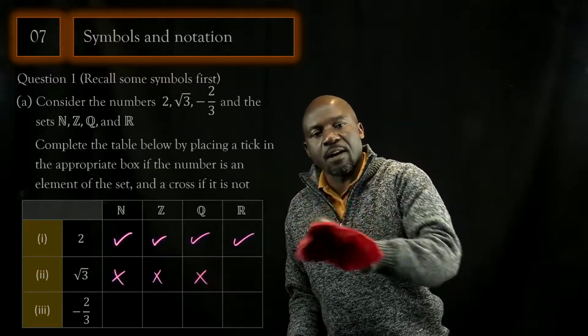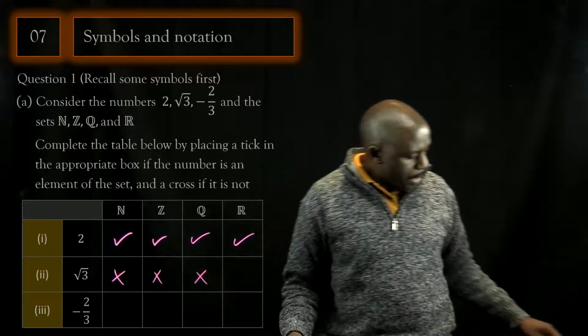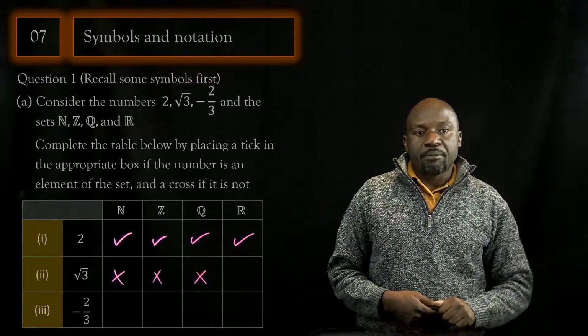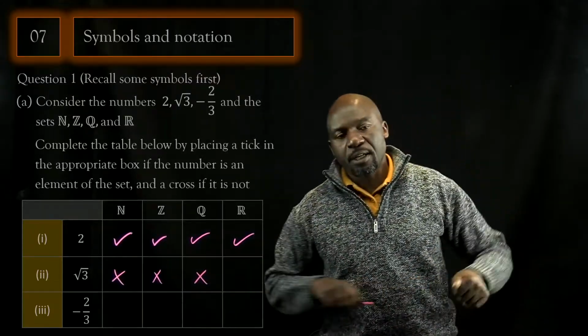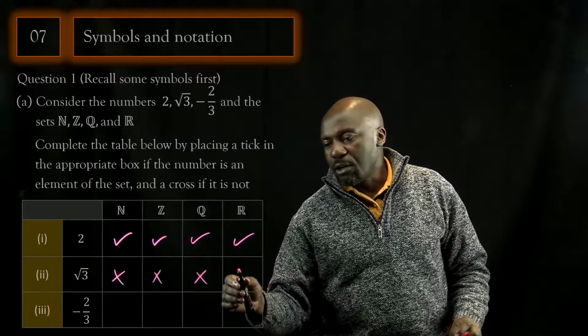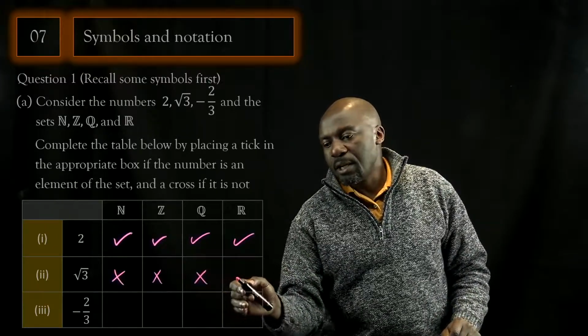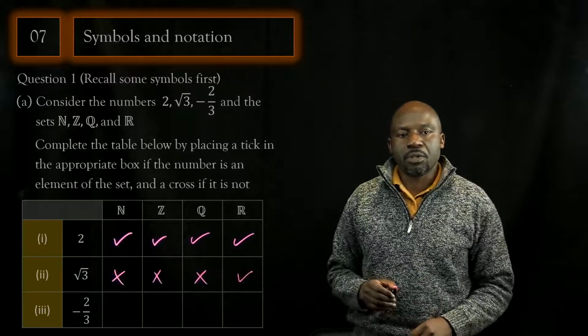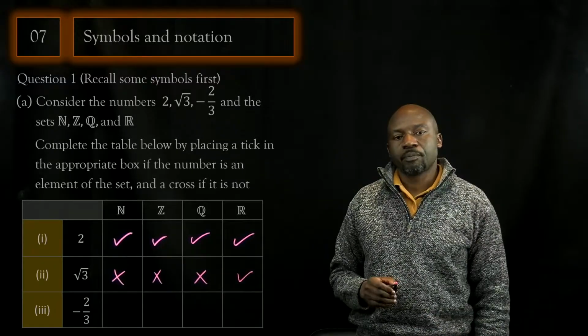It is not a rational number. Is it a real number? Yes, it is a real number. It can be found on the number line. So yes, root 3 is a real number.